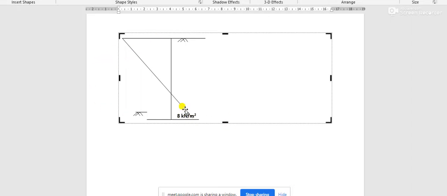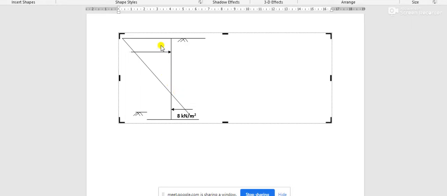This pressure is acting like this, and this pressure is acting like this, from this way and from the opposite way.